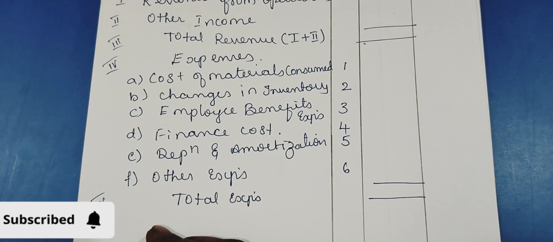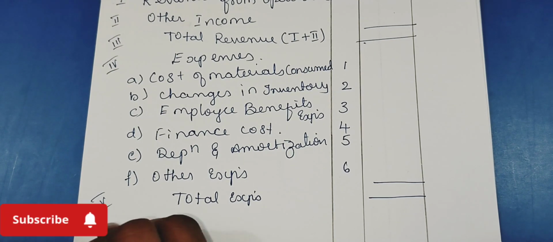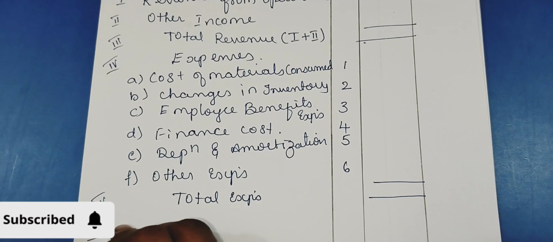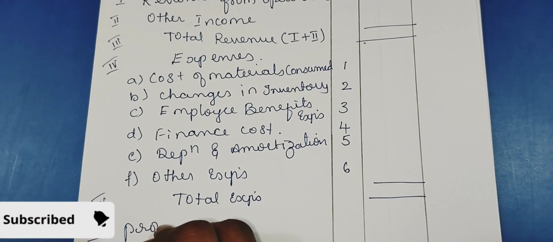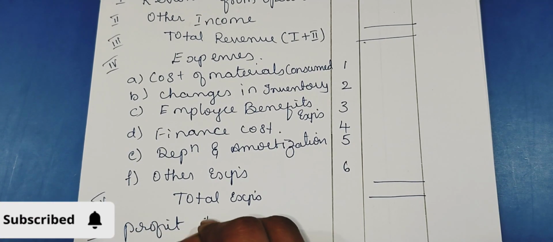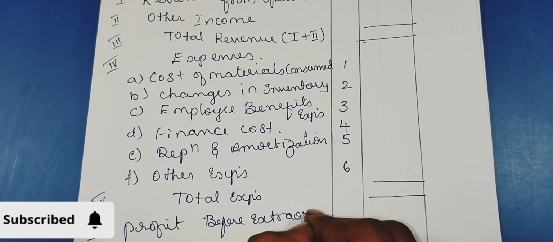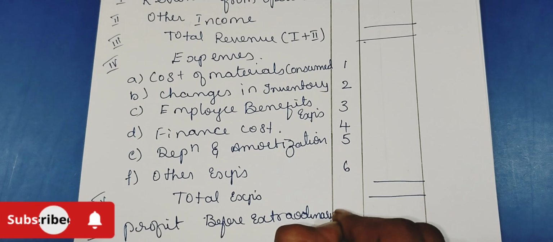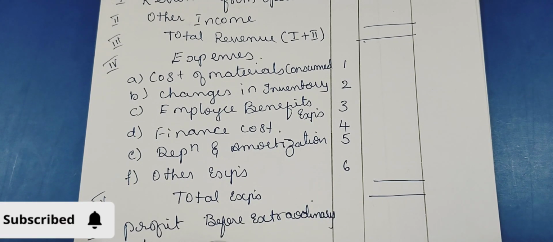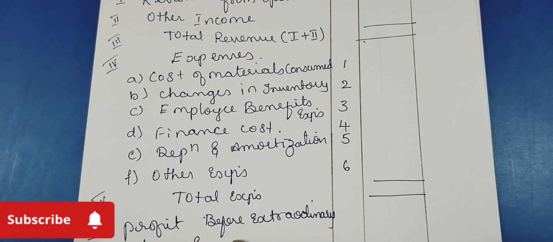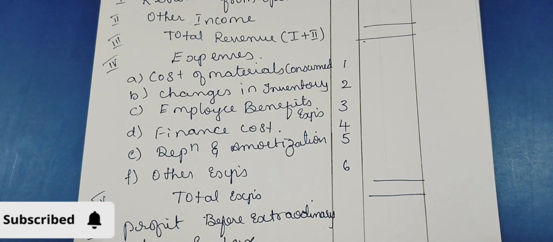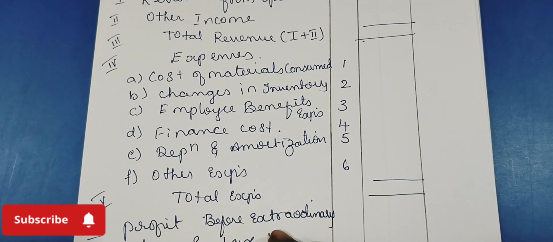Now, to get the profit before extraordinary items and tax, how will we get this amount?